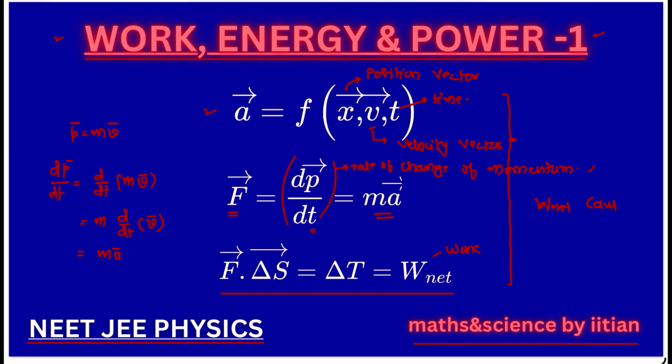Wnet causes change of kinetic energy. Kinetic energy is usually written as T. You can even write it as KE. That's up to you. And work is causing motion. Motion is causing displacement. Force into displacement, the dot product, the scalar product of force and displacement is work. That is causing change in kinetic energy.